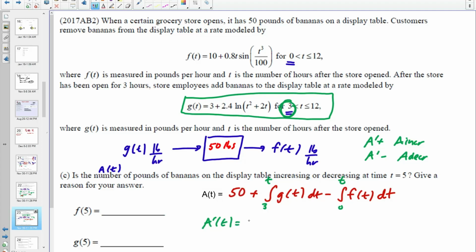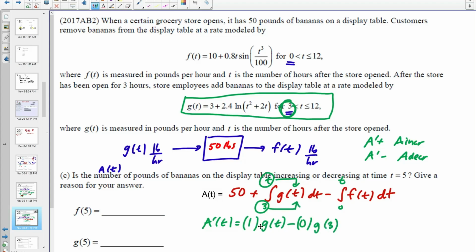The derivative of 50 is 0. The derivative of the antiderivative of g(t) is the derivative of the first limit times, plug the t in everywhere there's a t, minus the derivative of the second limit times, plug that in.